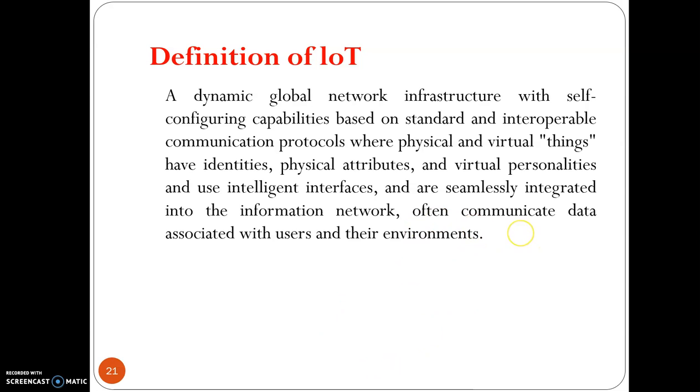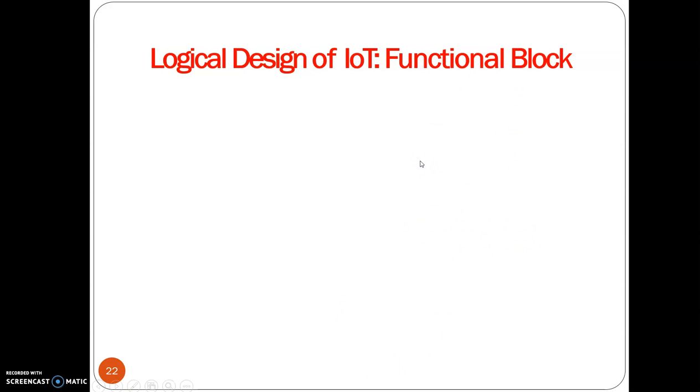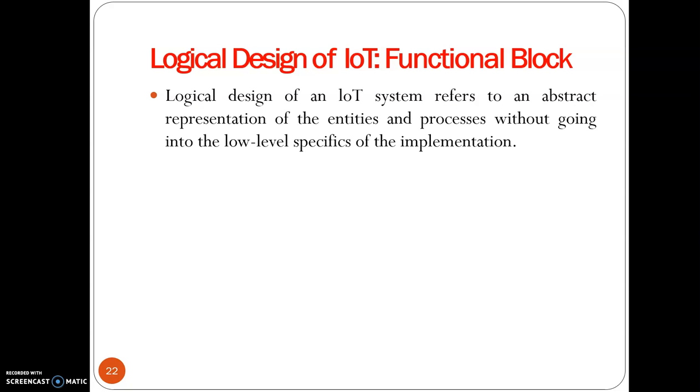To continue with this segment, we are going to see the next topic, the logical design of the IoT. The logical design of the IoT system refers to an abstract representation of the entities and processes without going into the low-level specification of the implementation.